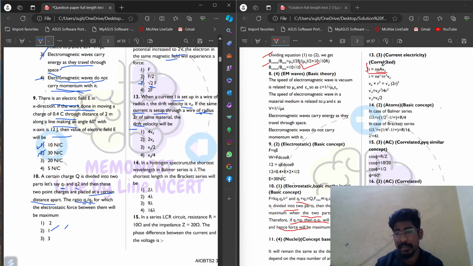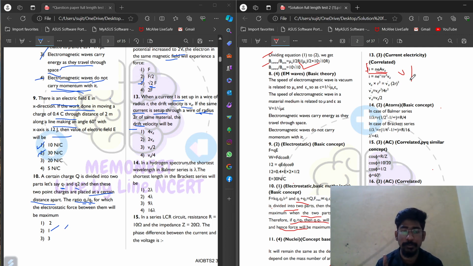If you analyze the equation here, A and vd are inversely proportional, and A equals pi r square, so vd will be inversely proportional to r square, that is the radius.